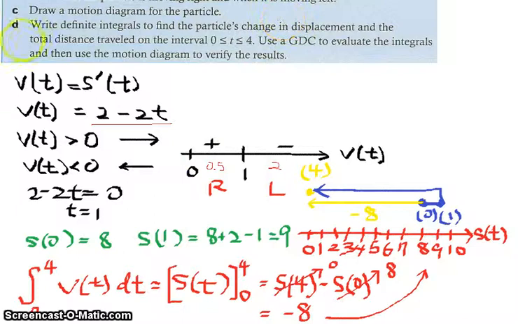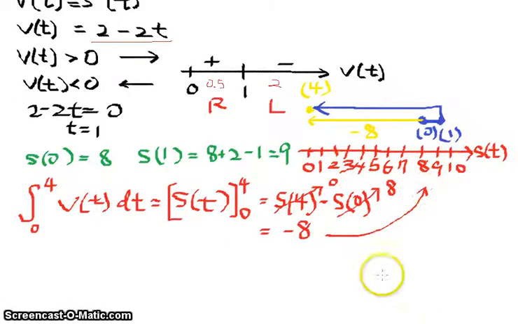Now we have to find out what is the total distance traveled. Right, total distance traveled. So let's find the total distance traveled using the integral first. However, we have to keep in mind there's something that we need to be careful with, right? So from time is equal to 0 to time is equal to 1, I moved one unit to the right. So from 0 to 1, the distance traveled, let me put that down.